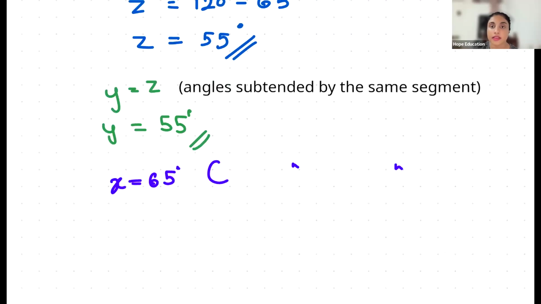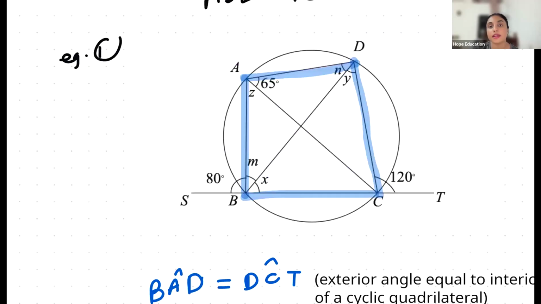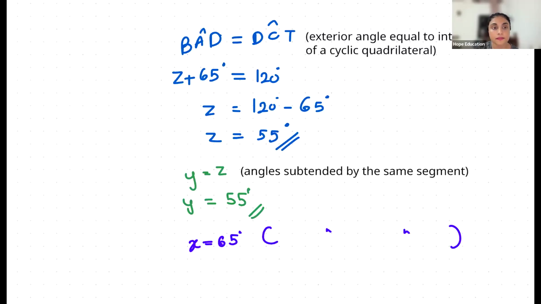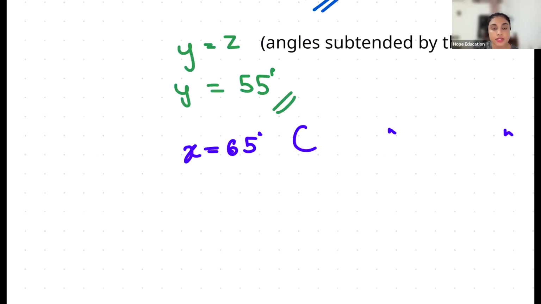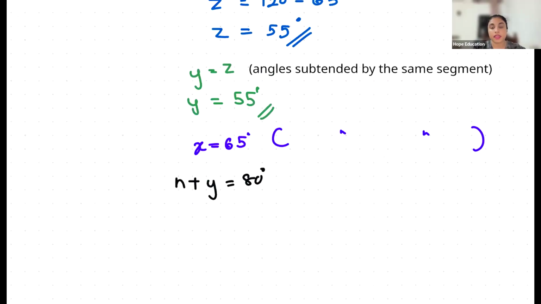So now we have a lot of values නේ. දැන් අපිට ගන්න පුළුවන් මේක. මේ exterior angle එක equals interior opposite angle. So n plus y is equal to 80 degrees, right? So I will write n plus y equals 80 degrees. The reason is අරක තමයි.